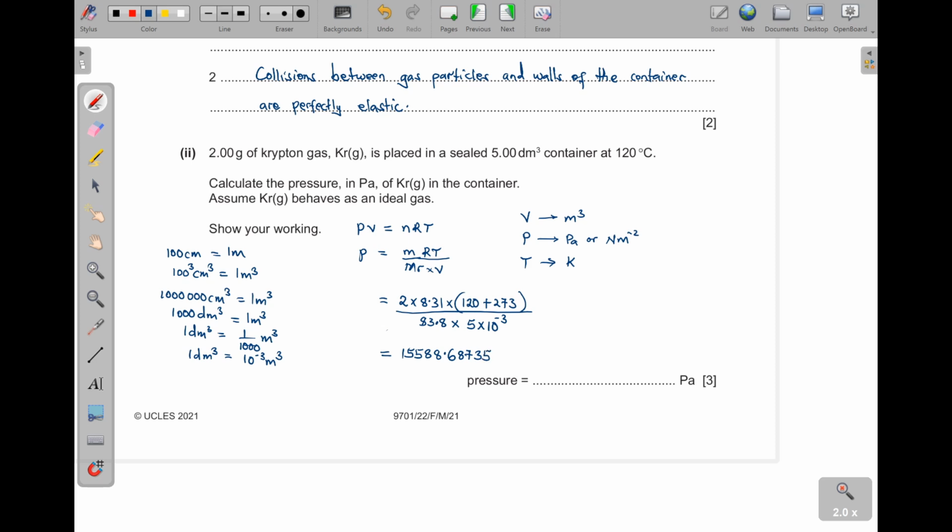Okay, so that is that. But to three significant figures, I can round this off and it becomes 15600, because these are 5 here. So that will be that, three significant figures.